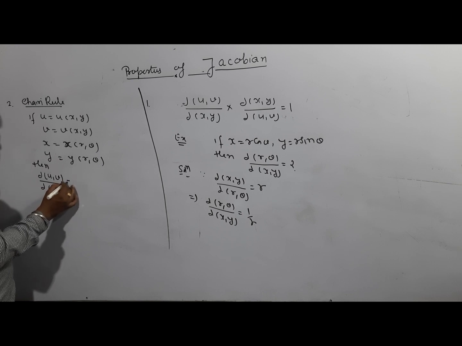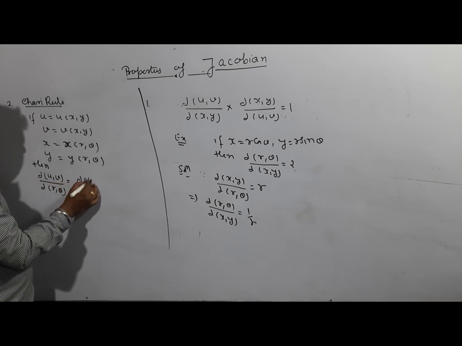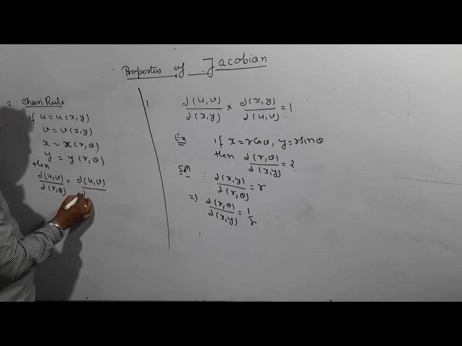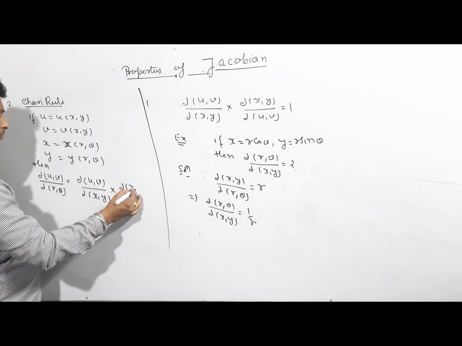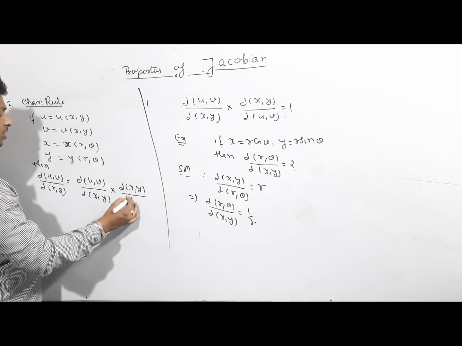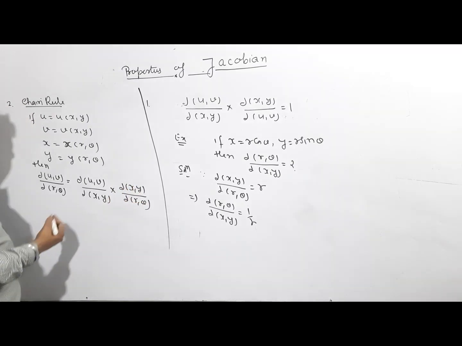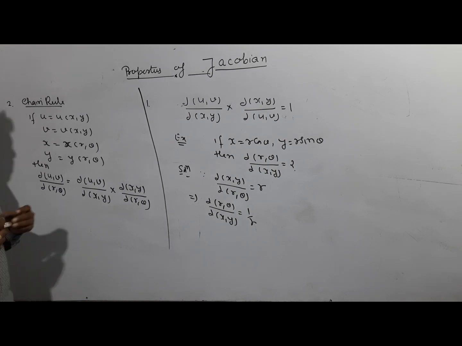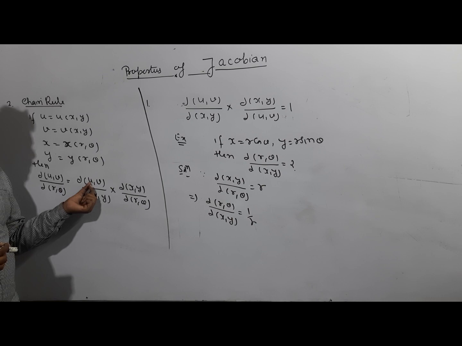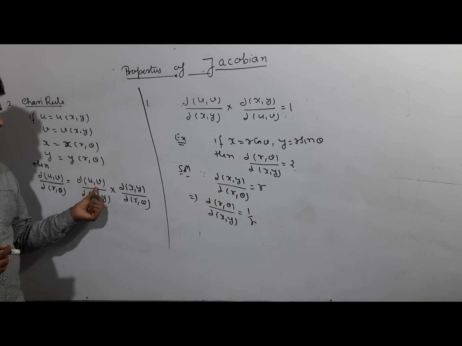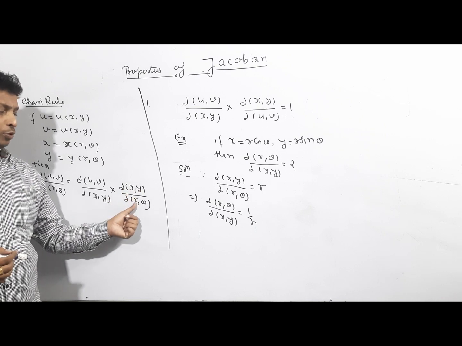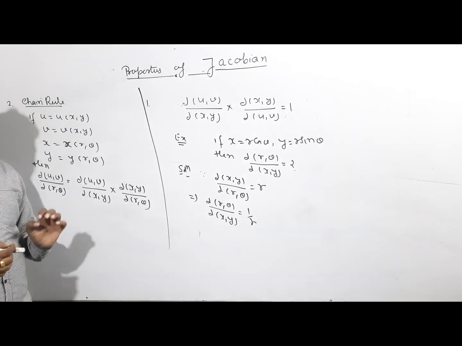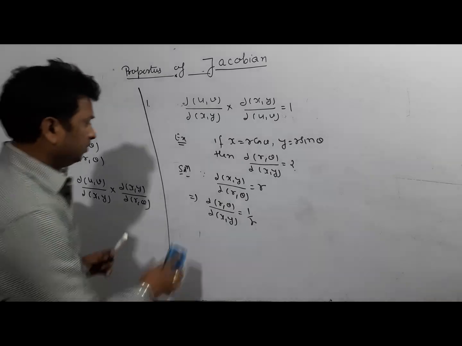That is very easy. First calculate the Jacobian of uv with respect to xy, then the Jacobian of xy with respect to r theta, and then multiply. This is the chain rule. That's all. We do one question based on that.